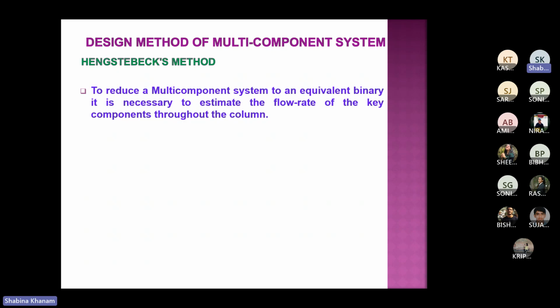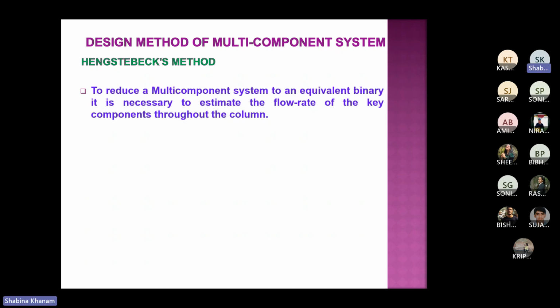You already know the total flow rate, capital L and capital V, that is usually given in the distillation problem. From that total flow rate, if you deduct the summation of flow rates of non keys, what flow rate will you remain with?